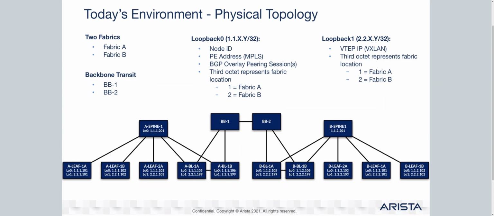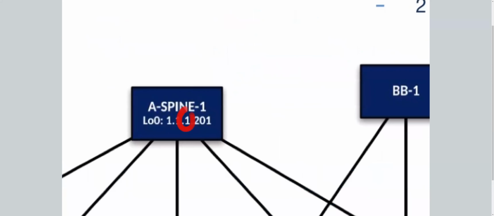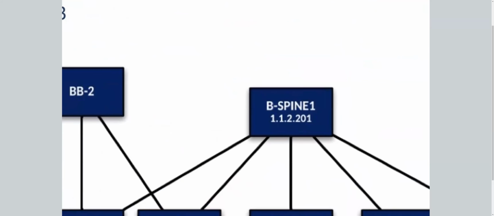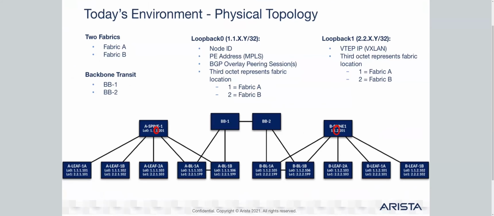One thing to call out with these loopback addresses: you see 11XY or 22XY, the third octet in each respective loopback address is going to represent which physical fabric that node is a part of. For example, spine 1 is 111201, and over here B spine 1 is 112201.